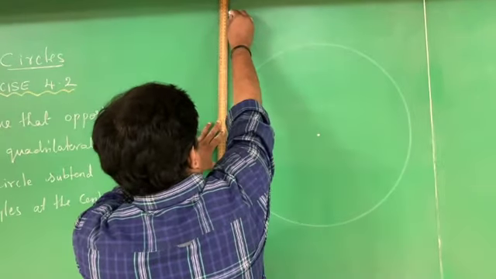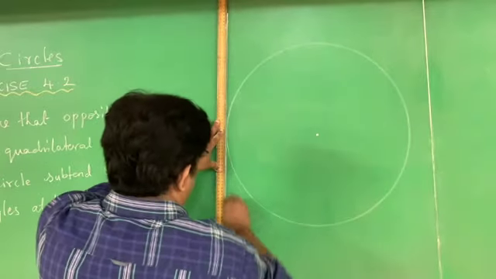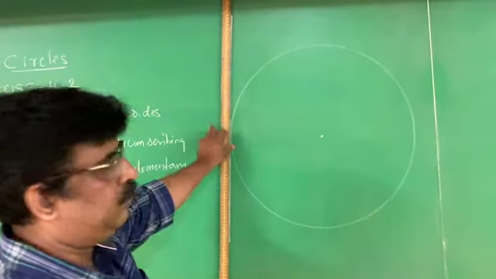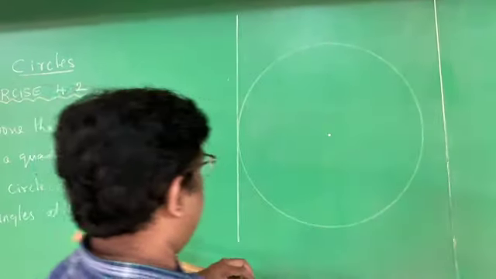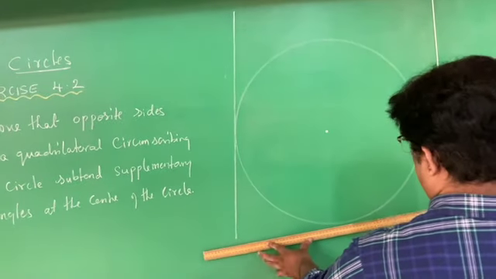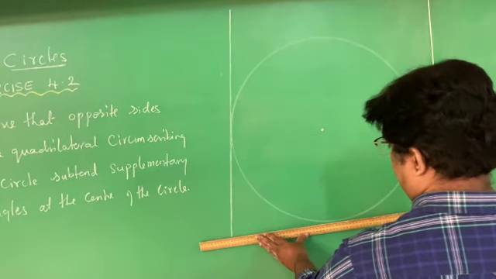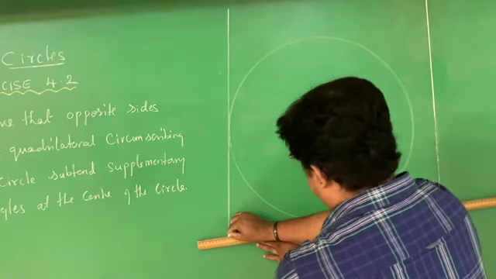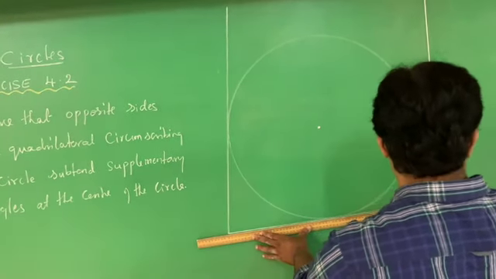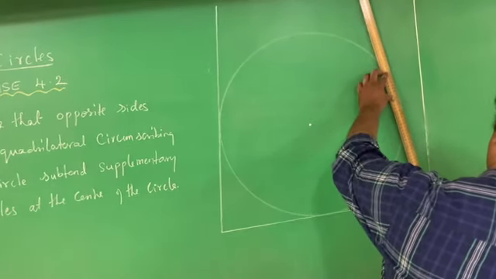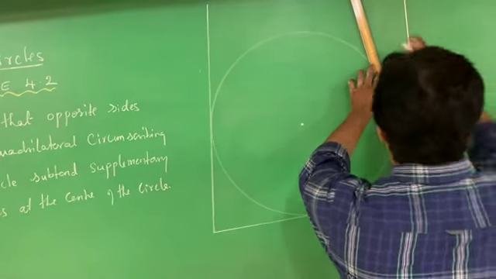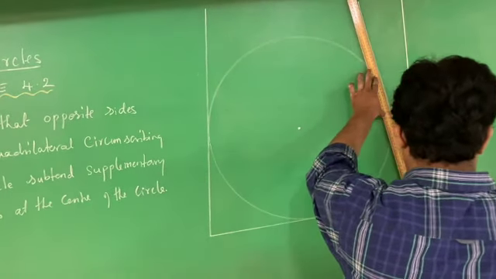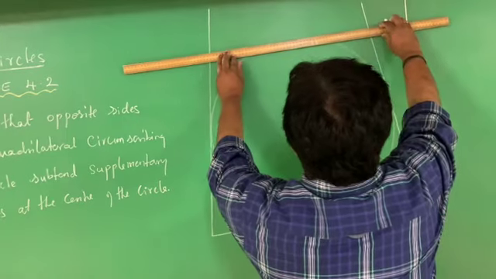Therefore, I draw a quadrilateral. He has not told anything about it being a parallelogram or a rhombus. It is a simple quadrilateral.